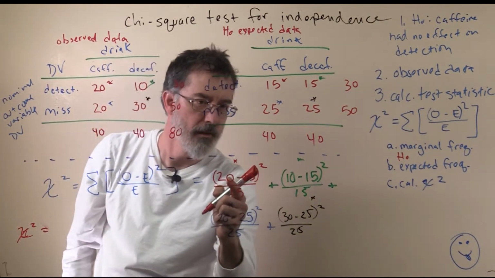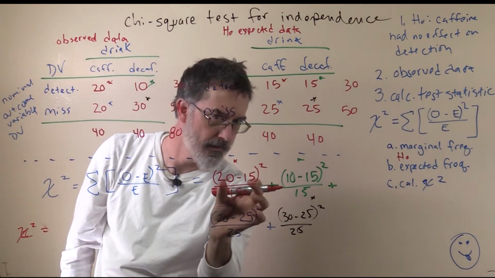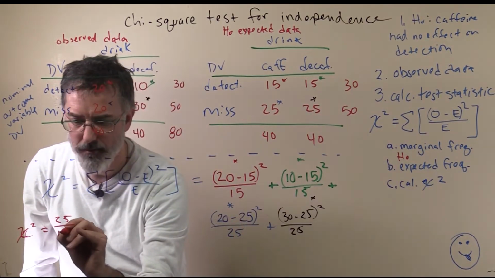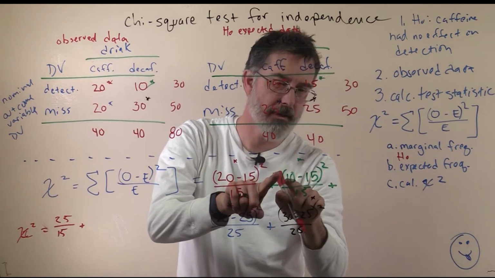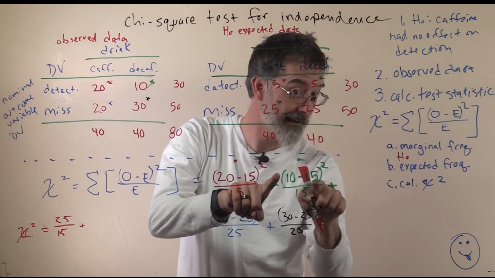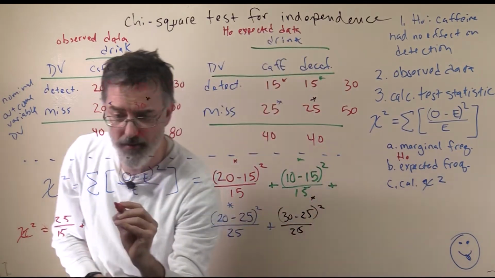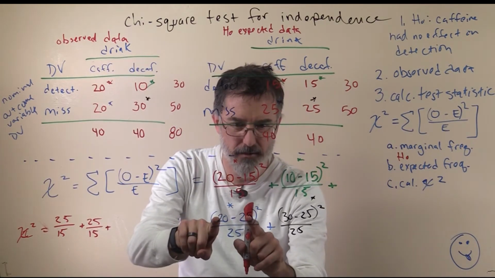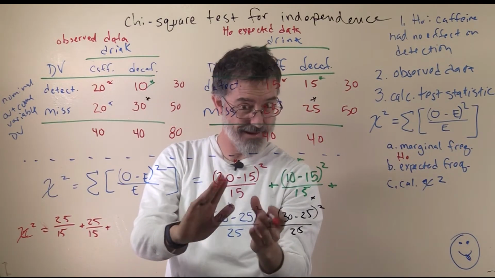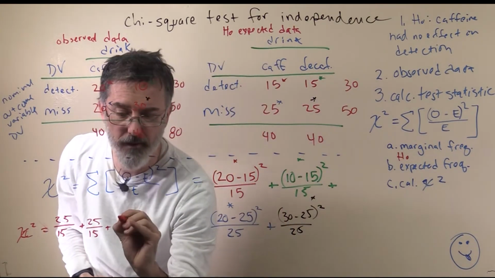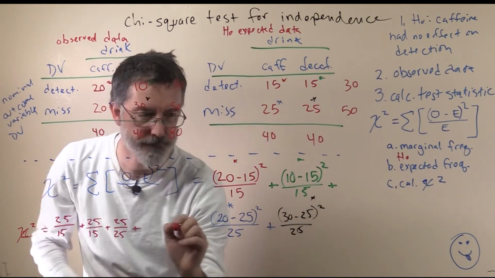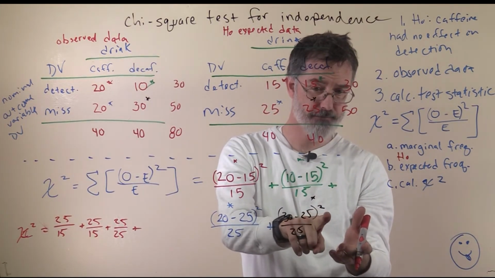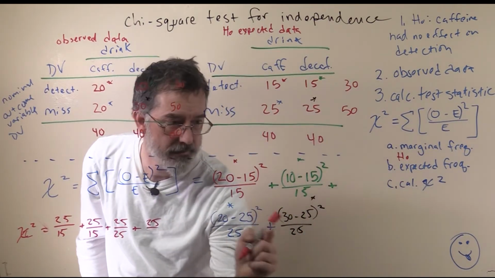Chi-square equals 20 minus 15, that's 5 squared, that's 25, divided by 15, plus 10 minus 15 is negative 5 squared is 25, divided by 15, plus 20 minus 25 is negative 5 squared is 25 divided by 25. And 30 minus 25 is 5 squared is 25, and that's divided by 25.